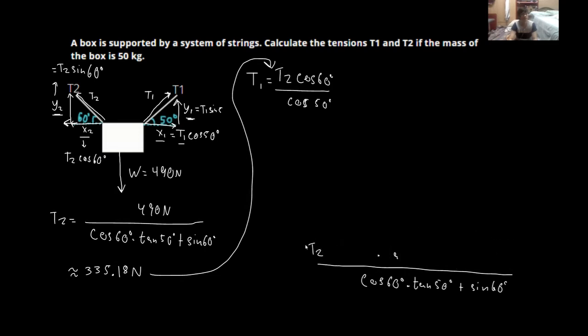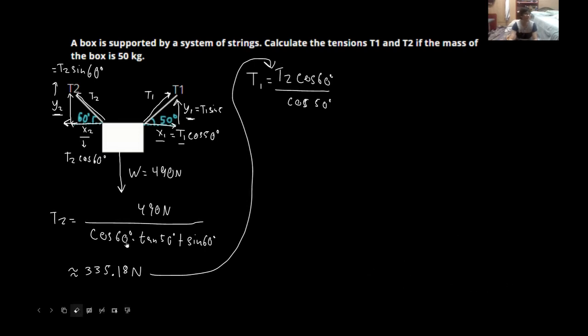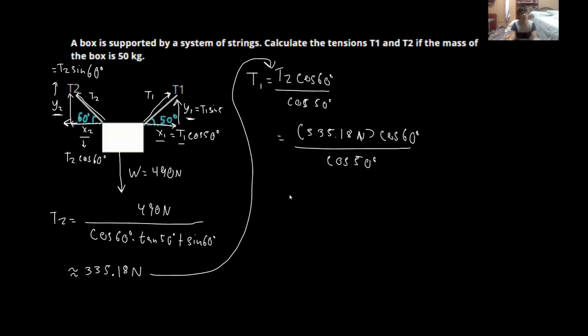Alright, there we go. So now let's substitute. Here it's better. T1 is equals to 305.18 newtons times cosine 60 degrees all over cosine of 50 degrees. Obviously, this is an approximate answer.